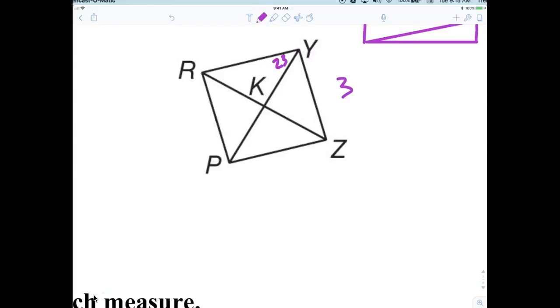I knew it was a parallelogram, so I knew that had to be 23. These are equal, therefore this has to be 23. So now I know it's not a square, because that's 46 degrees, not 90.